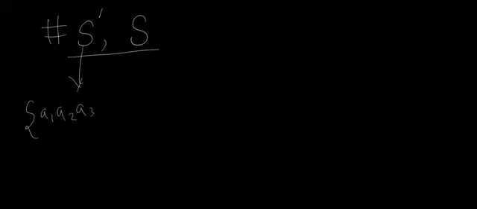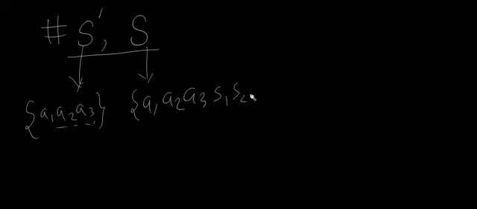And if every element, let's take another set called S prime, and previously we were talking about some set S, and S prime and S are sets, and if every element of S prime is an element of S, then we say S prime is a subset of S. That is, let's say this has three elements, A1, A2, A3, and this has elements A1, A2, A3, s1, s2, s3.